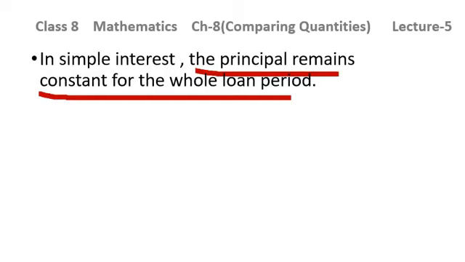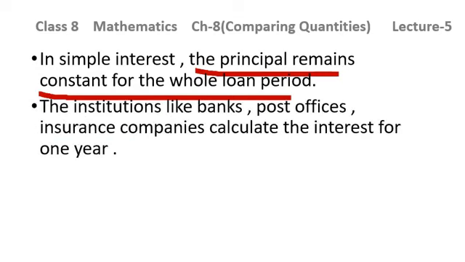But if we talk about the practical scenario, the method according to which banks, post offices, insurance companies and other financial institutions calculate interest is different from this. What do they do?